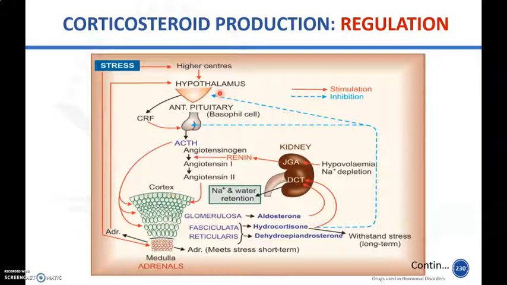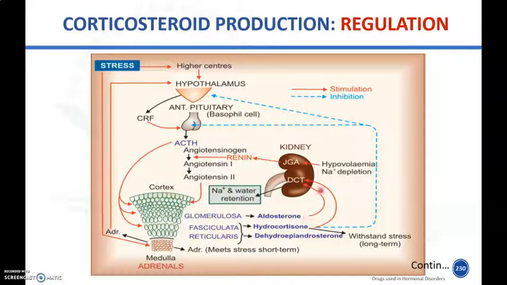As we mentioned before, the hypothalamus will secrete corticotropin releasing factor, and that will stimulate the anterior pituitary to release adrenocorticotropic hormone, or ACTH. This ACTH will act on the cortex of the adrenal gland, and that will secrete corticosteroidal hormones like aldosterone, hydrocortisone and dehydroepiandrosterone.